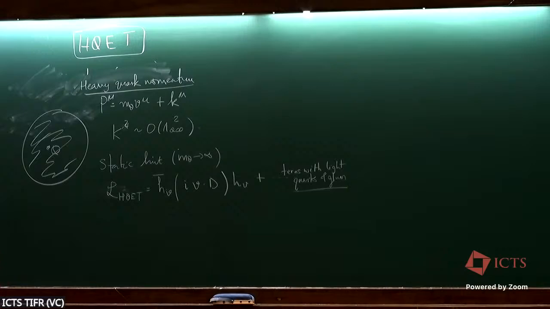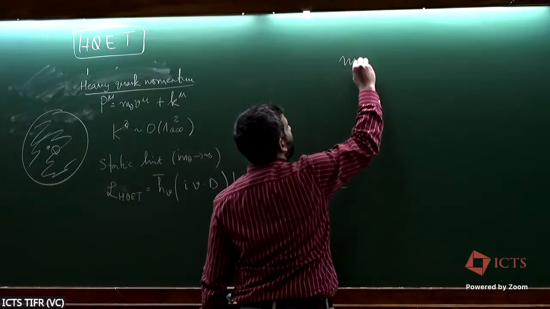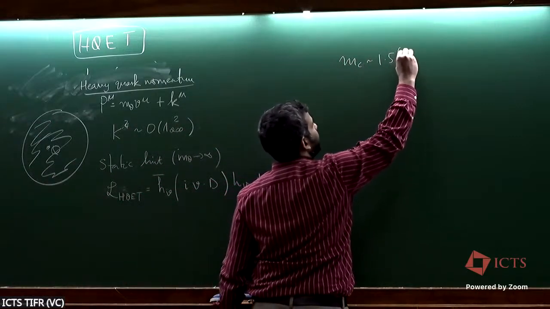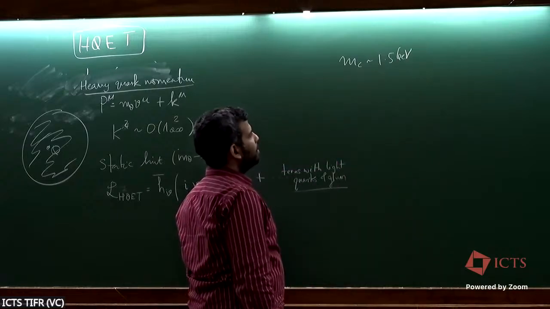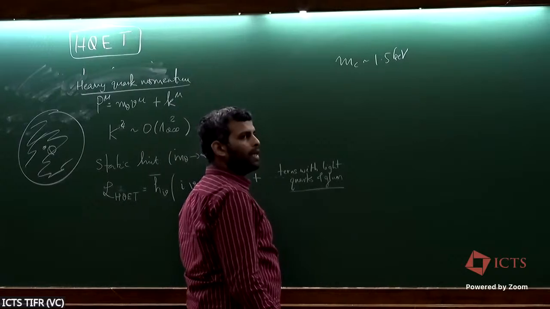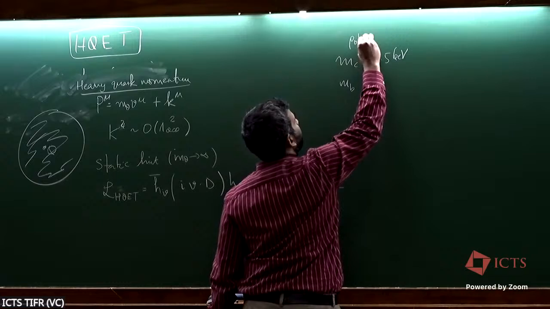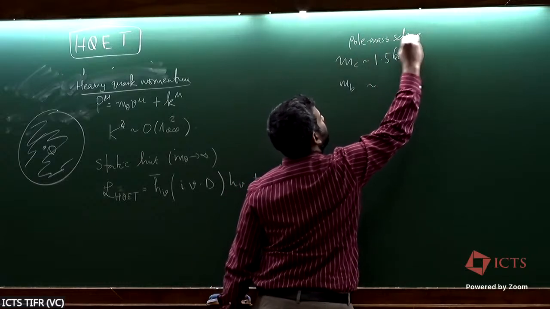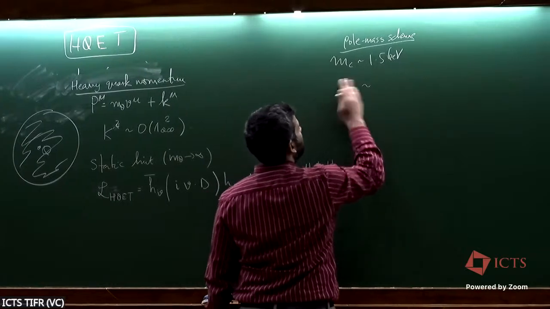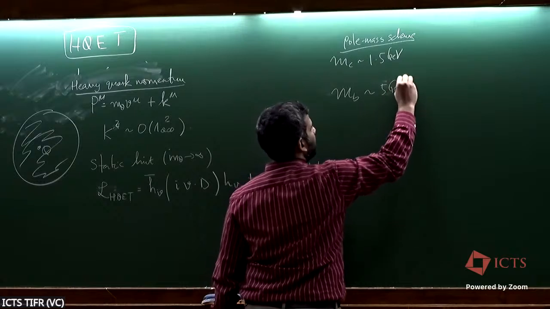There is no flavor-dependent term corresponding to the heavy quark mass. So, for example, you know that the charm mass is roughly 1.5 GeV. Obviously, this is some scale-dependent quantity. Take it as pole mass, let's say. Then the bottom pole mass is roughly 5 GeV.